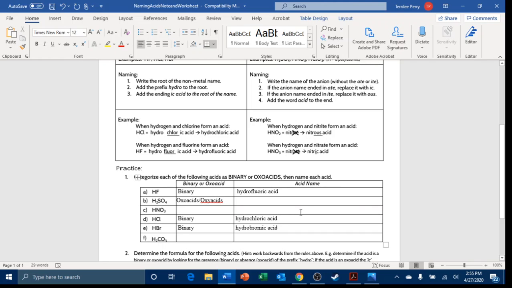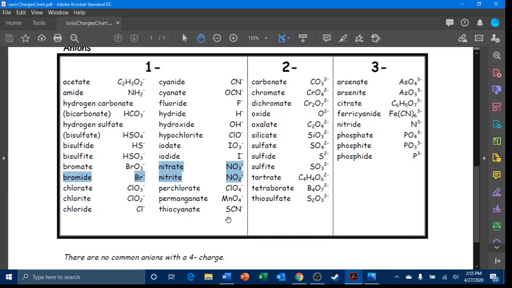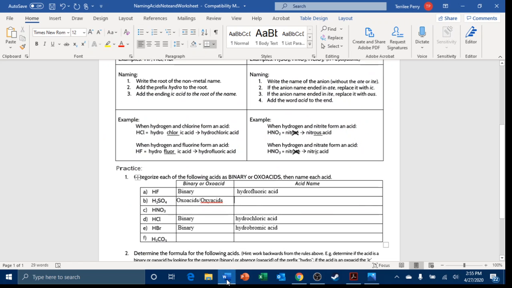We're going to look at this SO4 right here. So let's get our chart. And SO4 is right here. And that's sulfate. Okay? That's sulfate. So let's look at that on here. Ate goes to ic.